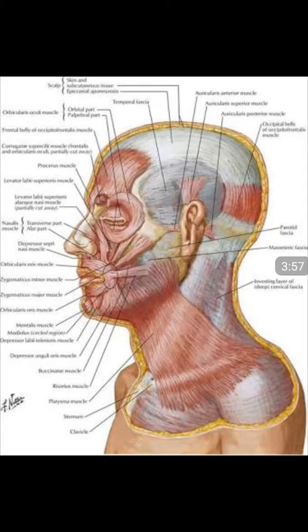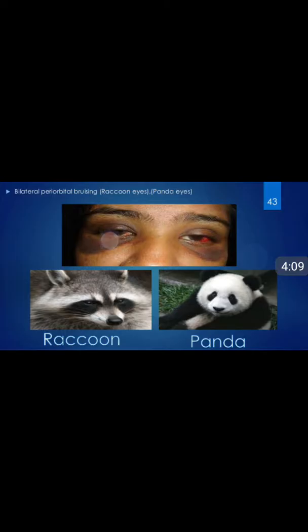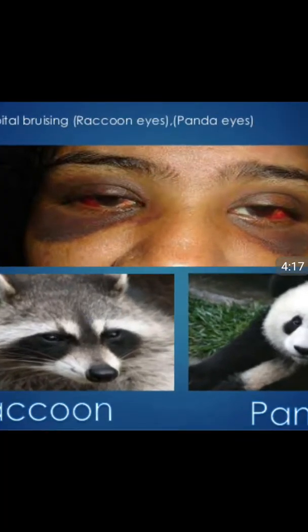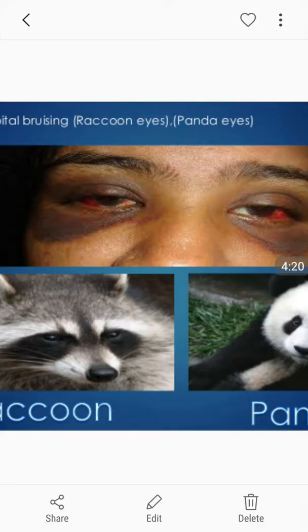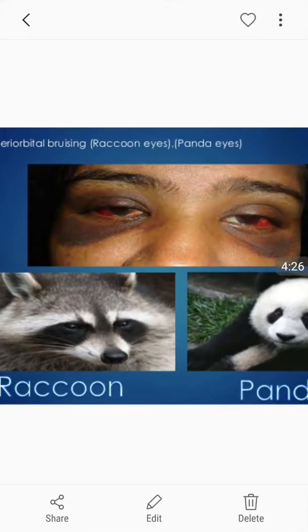It has different names. It is called panda eyes if the collection is around both eyes. That is also called raccoon eyes. For example, here you can see after trauma, most of you have witnessed that people develop this type of black eye, or blood gathers around their eyes and results in the condition called raccoon eyes.